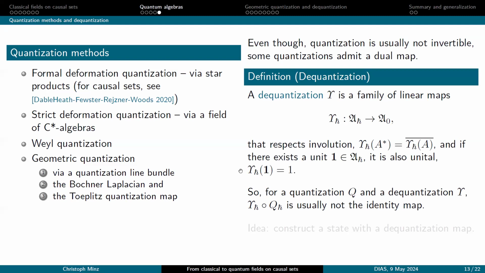So first, we want to take this geometric quantization, and then we want to find a dual operation to quantization. The dual operation means that we go back from our quantum algebra to the classical algebra, and if you can find such a map, we can also use it to construct a state in the sense of what I said on the previous slide, so to essentially build a functional on our quantum algebra.